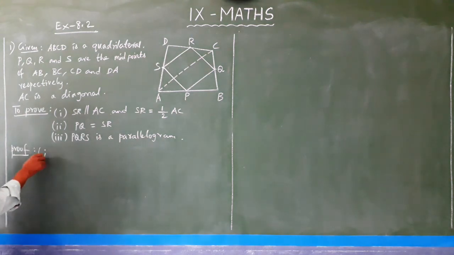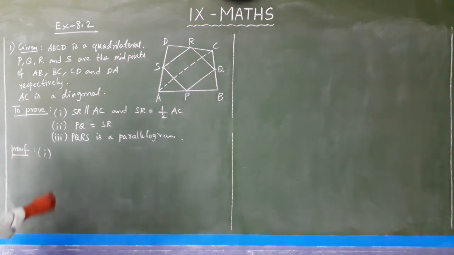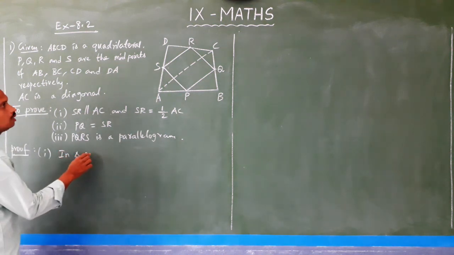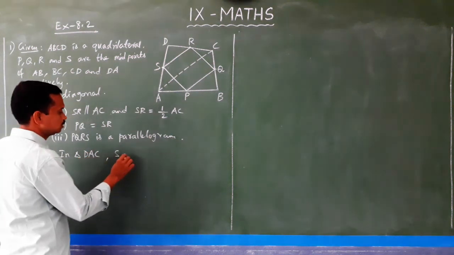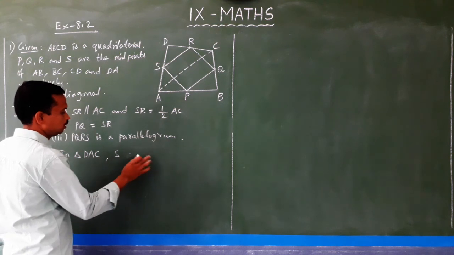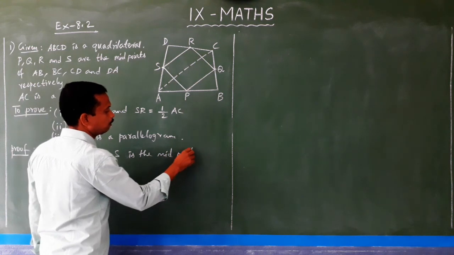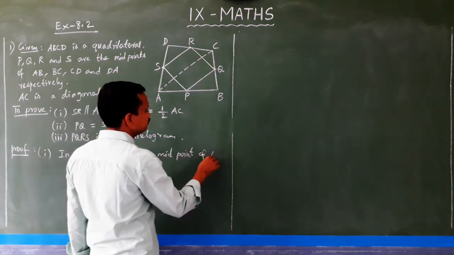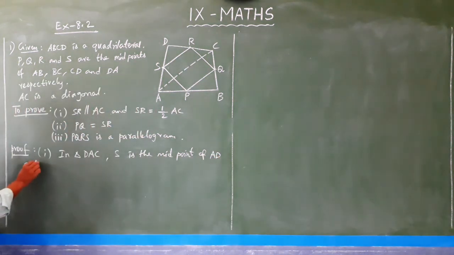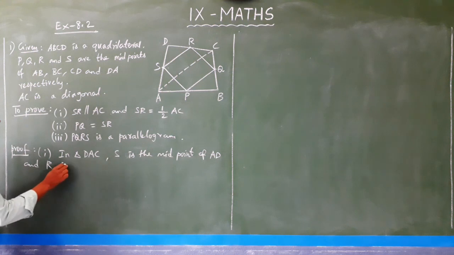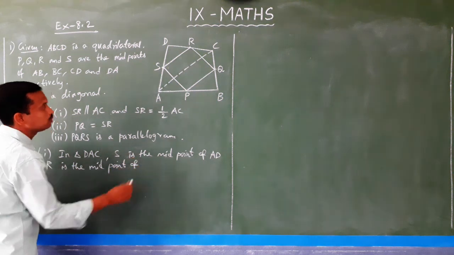So option 1. Here you take the triangle DAC. In triangle DAC, S is the midpoint of AD and R is the midpoint of DC.